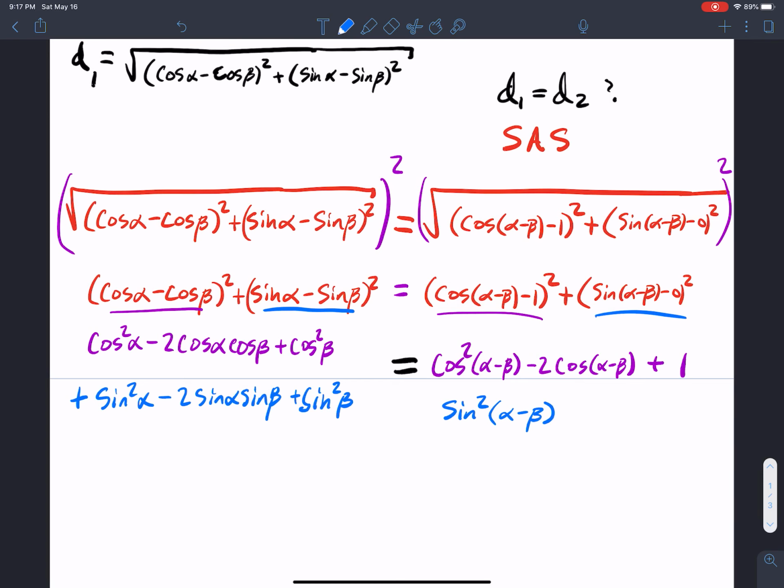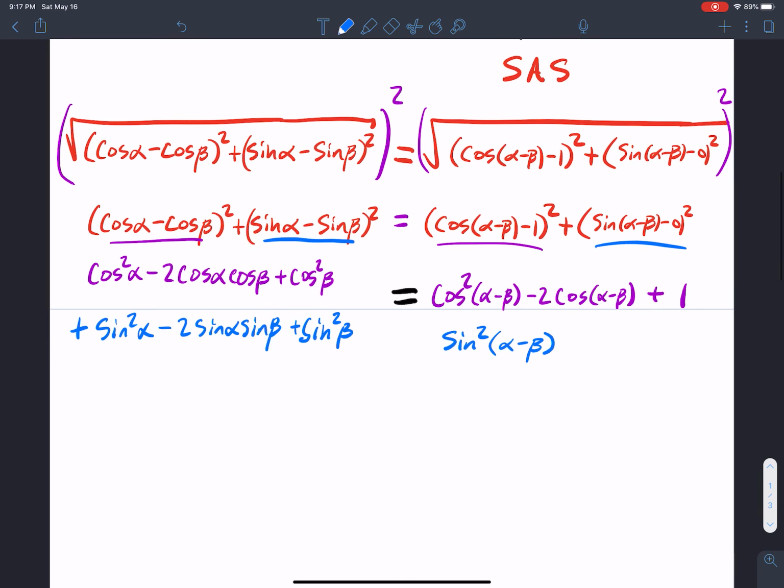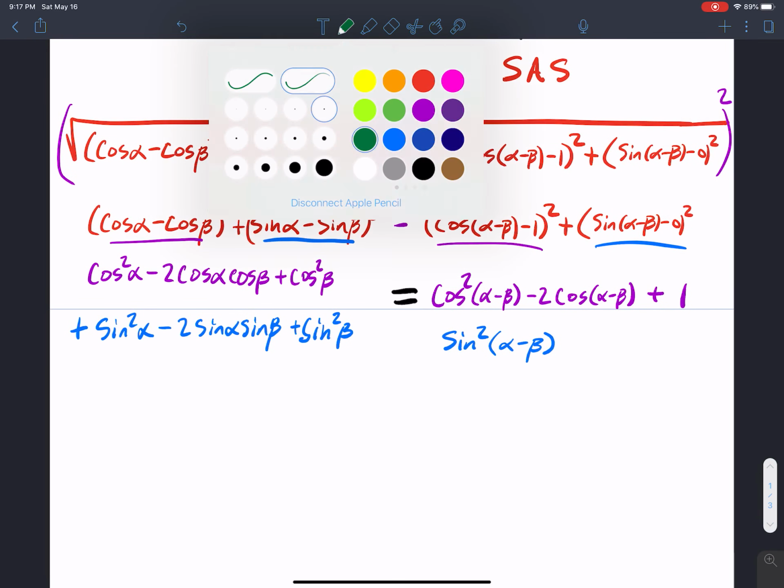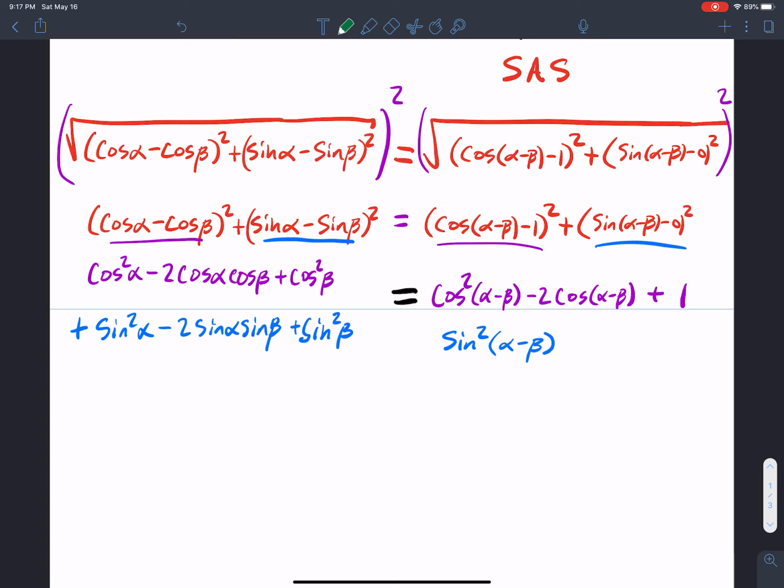All right, so now I'm going to use the Pythagorean identity. Look, I can group these two together. Cosine squared alpha plus sine squared alpha equals 1. But also cosine squared beta plus sine squared beta equals 1.